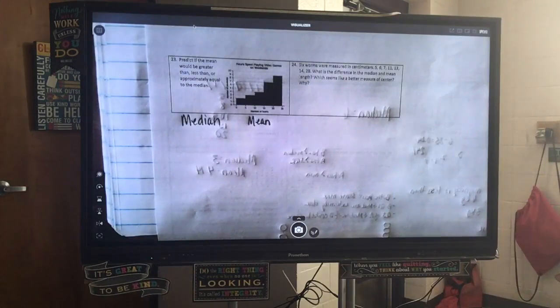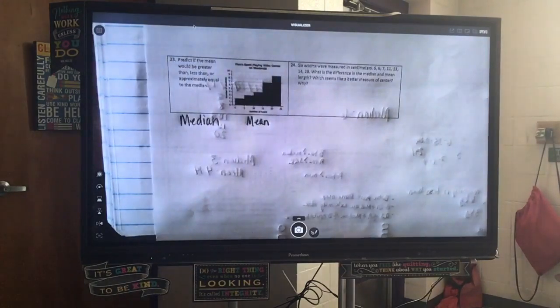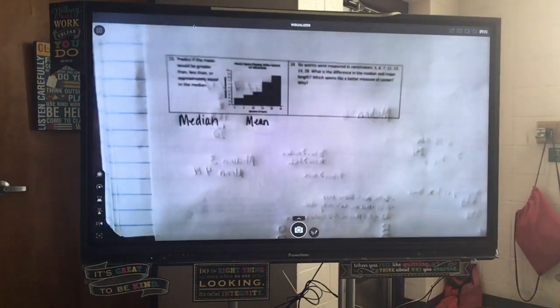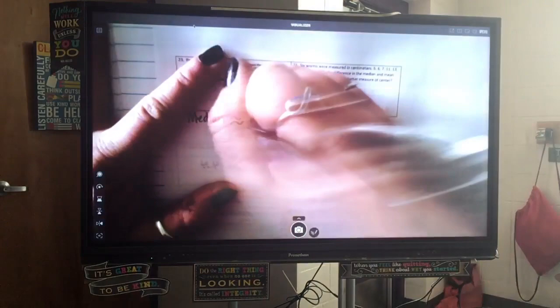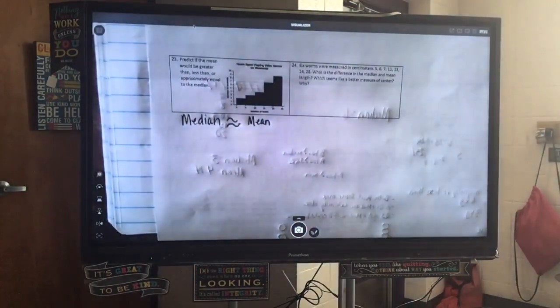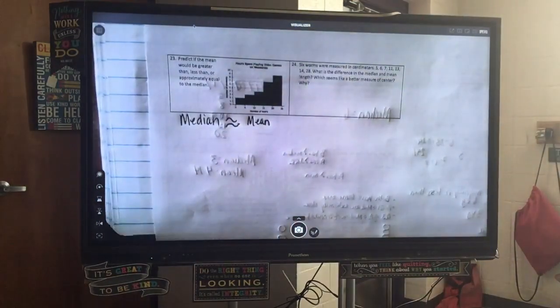Because judging on what I see, there are no outliers. So you think, well then wouldn't it be approximately equal to if there are no outliers? It is approximately equal to. Just kidding.